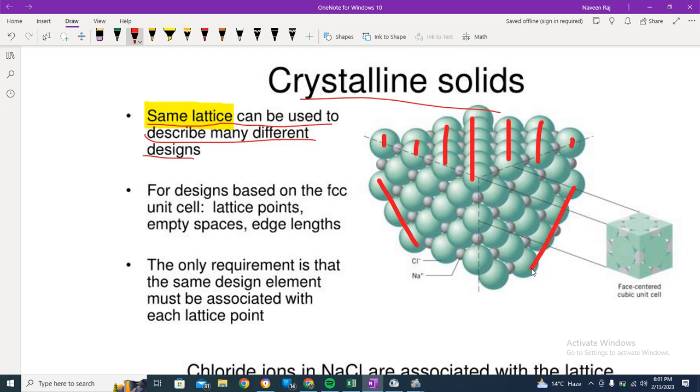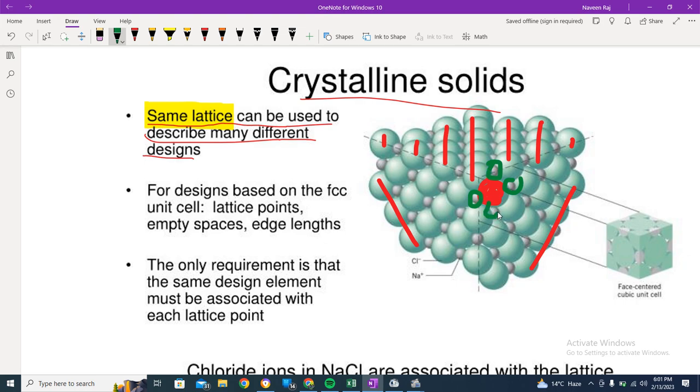Now you're going to see that surrounding each atom there are dots present: 1, 2, 3, and 4.